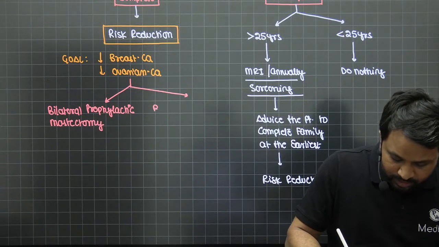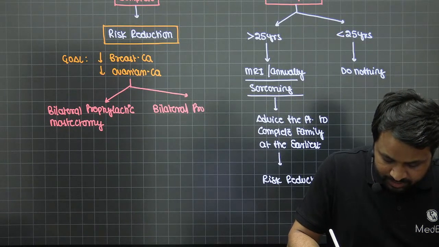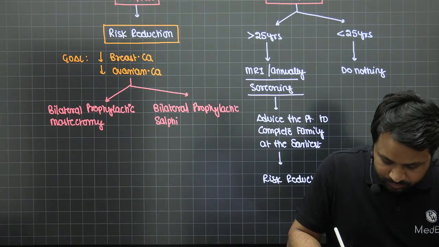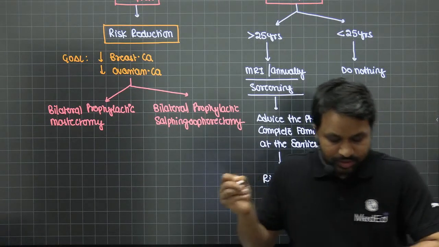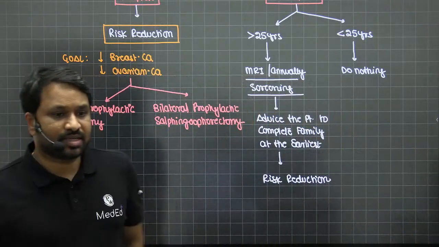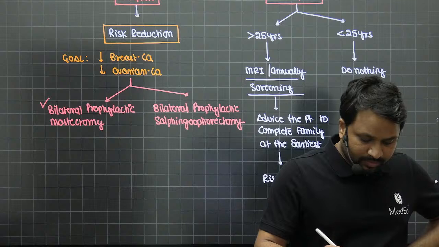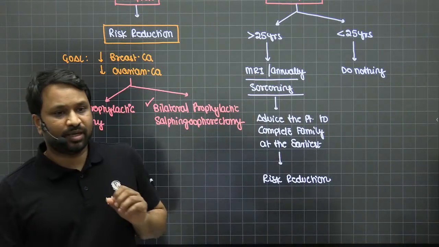Another one is bilateral prophylactic salpingo-oophorectomy. So either you do a bilateral prophylactic mastectomy or a bilateral prophylactic salpingo-oophorectomy.